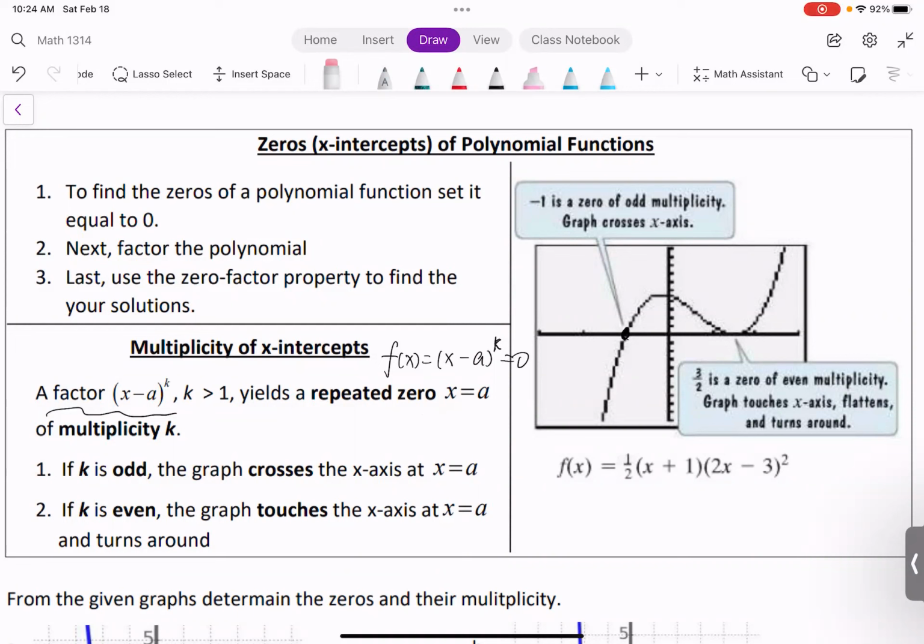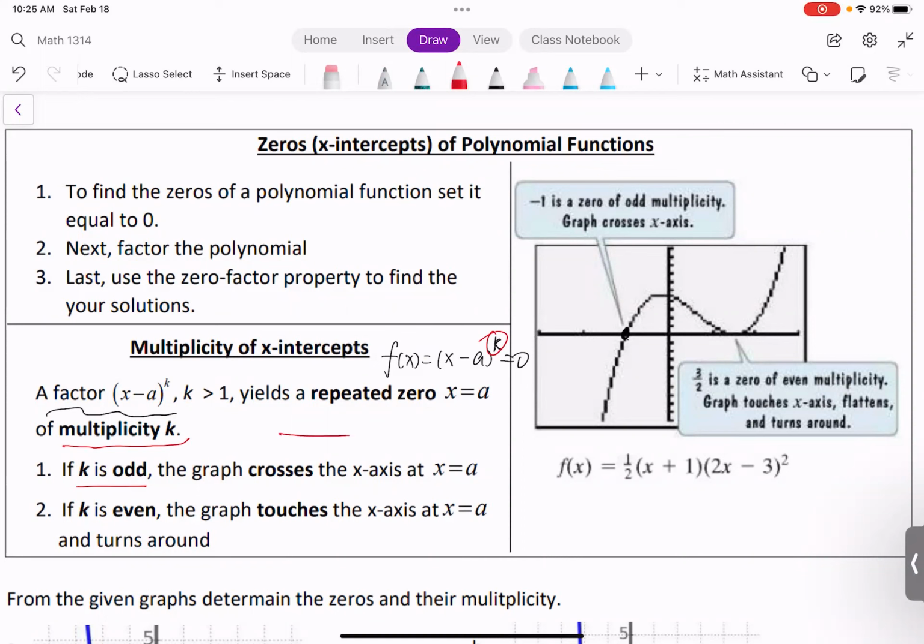But it is a repeated zero because it has the power k. So we could have x equals 0, x equals 0, x equals 0. We call the power the multiplicity k. If k is odd, for example 1, 3, 5, the graph crosses the x-axis at x equals a.